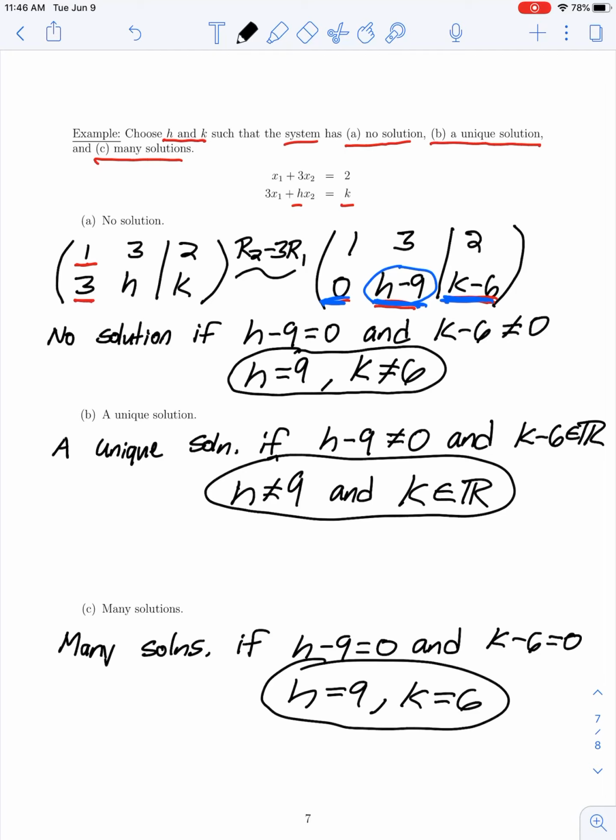And then we want to use our elementary row operations from section 1.1 to transform our matrix into reduced row echelon form. And once we have it in reduced row echelon form, we immediately have our solution to that system based on the form of that reduced row echelon form matrix.